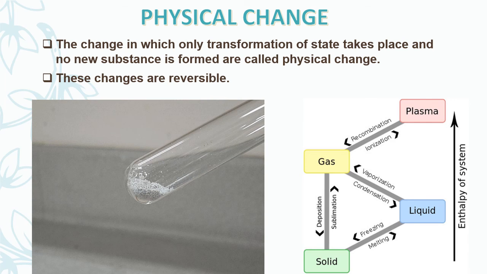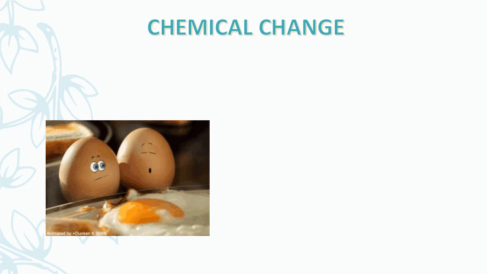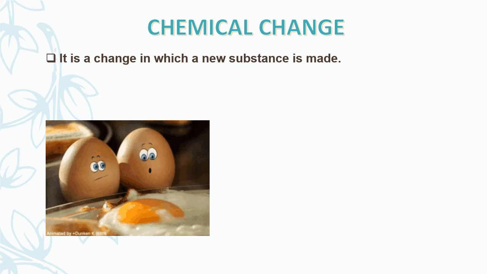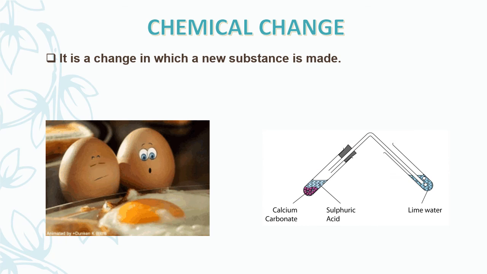So what is a chemical change? A chemical change is one which cannot be reversed. It is a change in which a new substance is made. For example, when an egg is cooked, converted into an omelette or a poach, we cannot get back the egg.